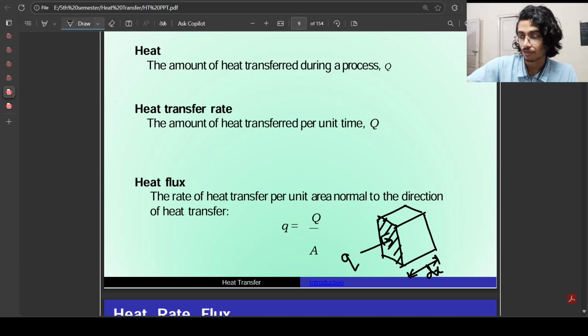If this is the concrete slab and this is the heat, normal to the area, and this is the total amount of heat, what will be the heat flux? The heat flux will be Q divided by the area. That will give you the heat flux, right? You can understand it from here.